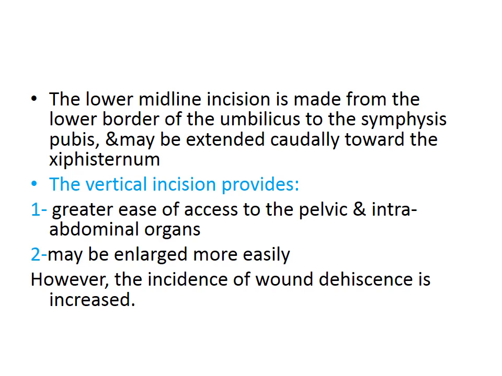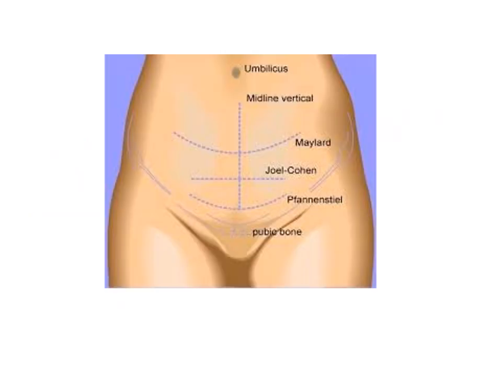But this type of skin incision has a disadvantage, that it carries a higher incidence of wound dehiscence later on. This figure illustrates the types of skin incisions that are used when performing Caesarean section.